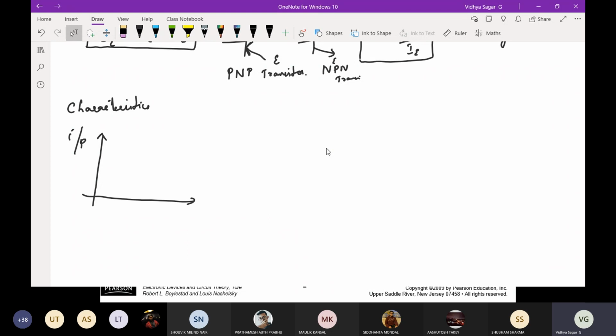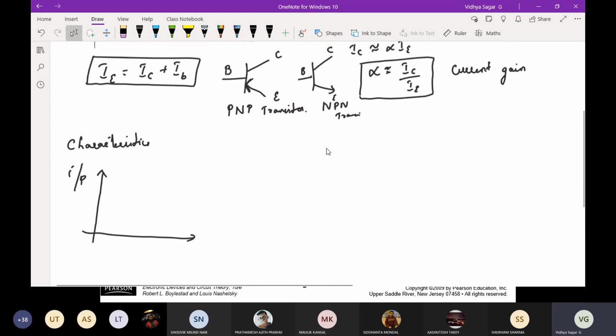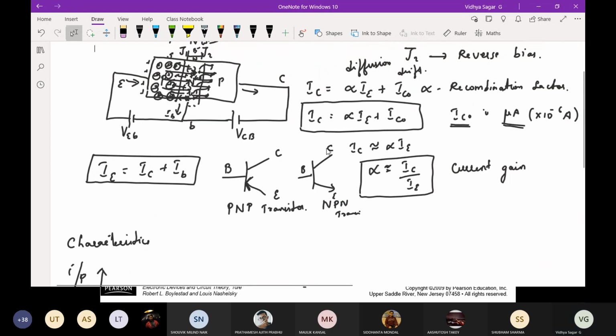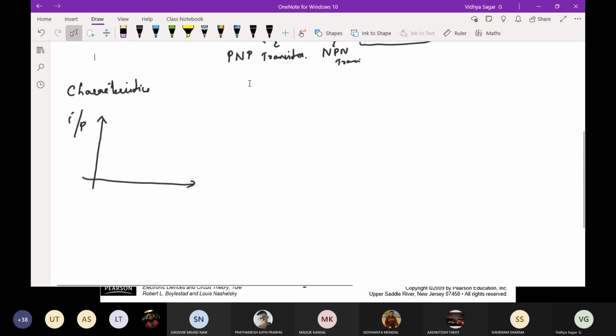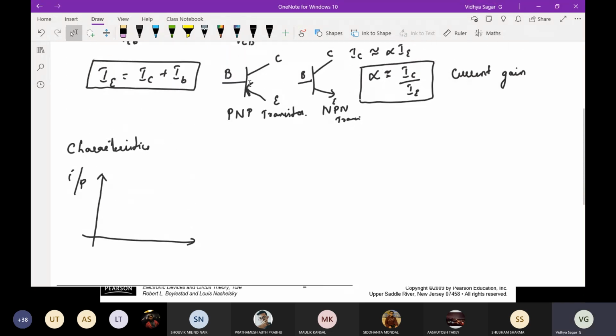So coming to your input characteristics, from the device structure, what is the input characteristics? It is with respect to junction J1. This is your input end, and this becomes your output end. So at your input end, what kind of current is it?